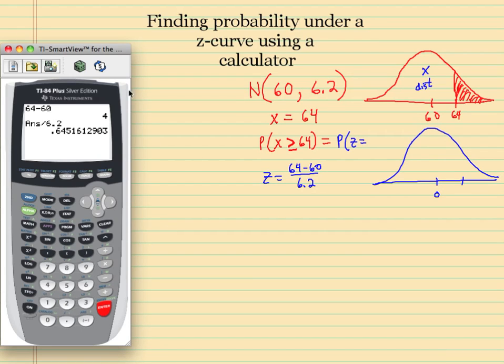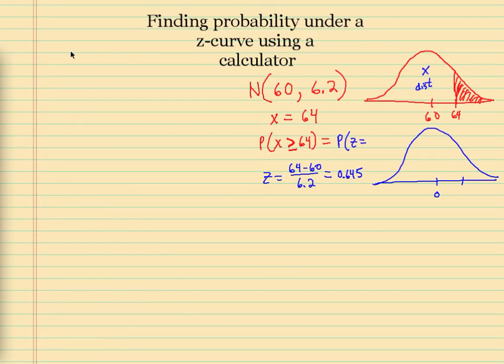I get this long number. I'll go ahead and round it to the thousandth, which is the third one over. So basically I'm looking for the area to the right of 0.645. Let's shade this in.